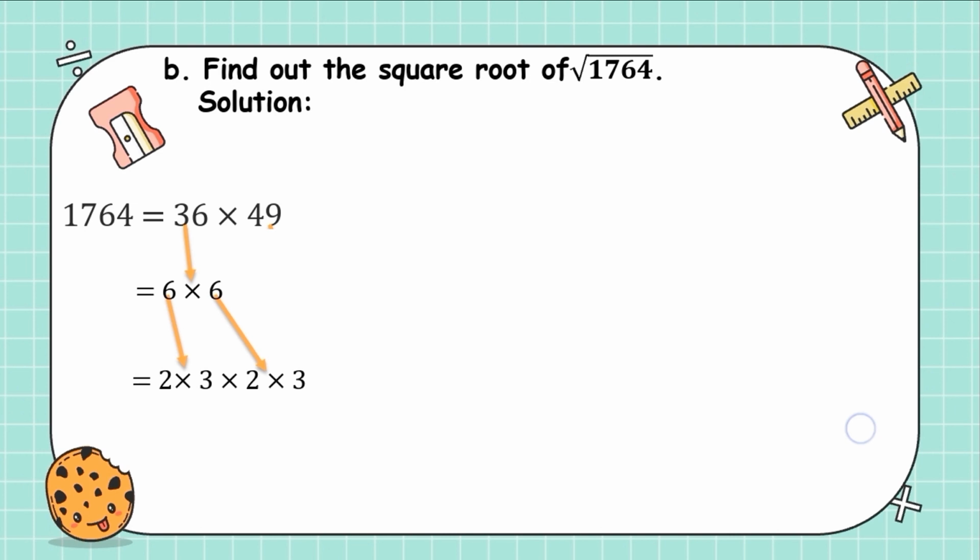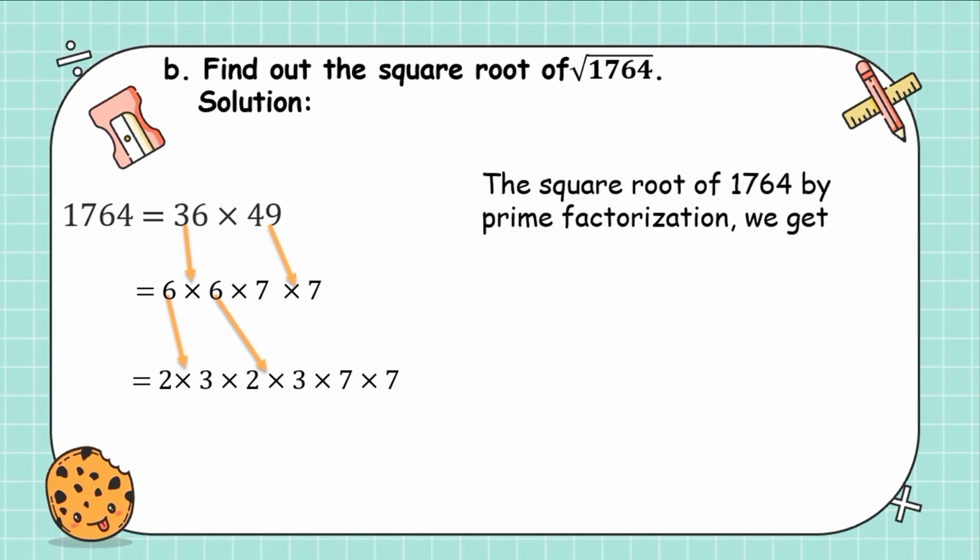So 2 and 3 are prime numbers. Let's have next 49. If we break this down, then we've got 7 times 7 is equal to 49. Now, let's group these prime numbers into pairs of same numbers.